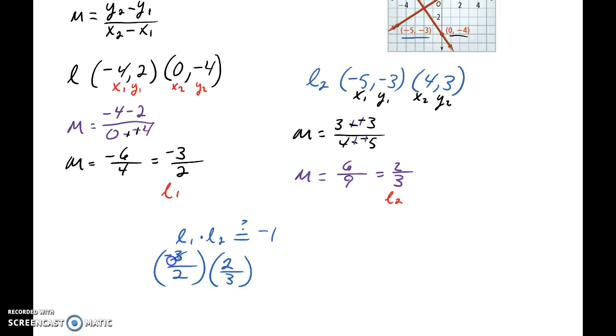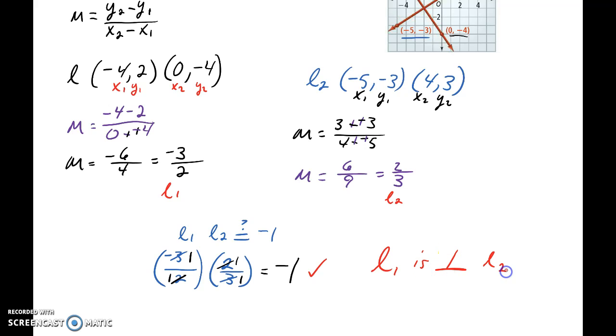The 3s reduce to 1, and the 2s reduce to 1 as well. So they do multiply to give us -1. So yes, line 1 is perpendicular to line 2.